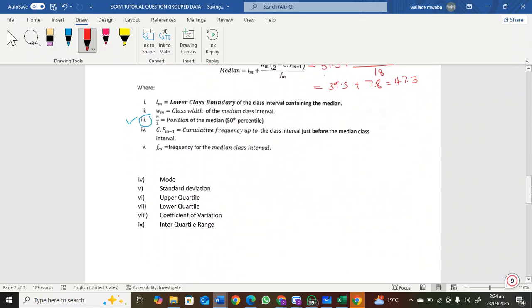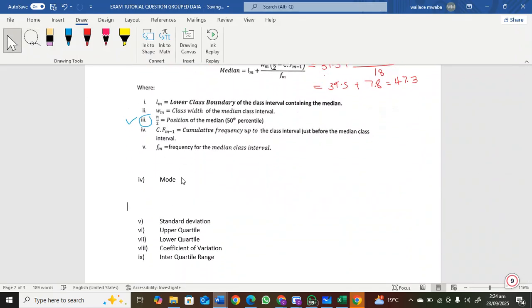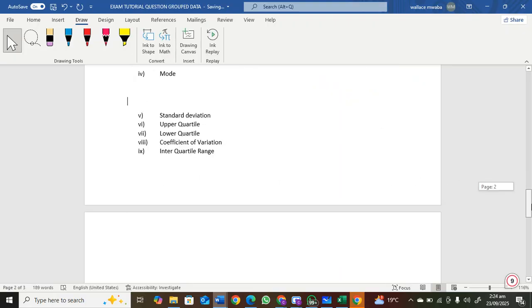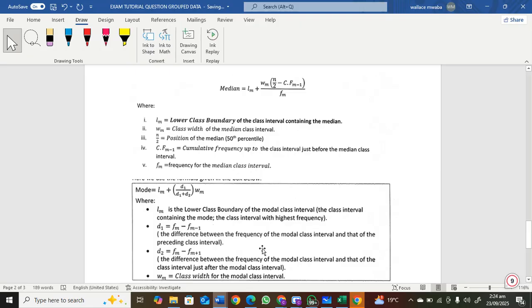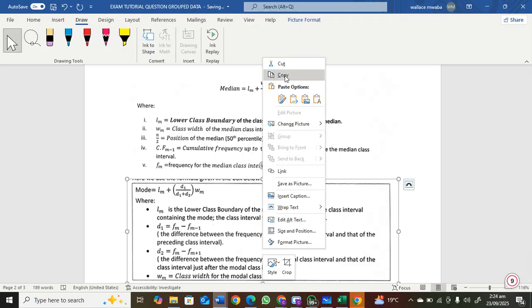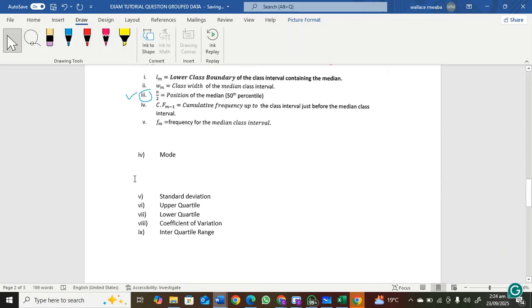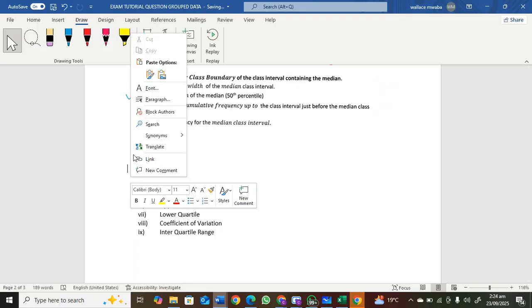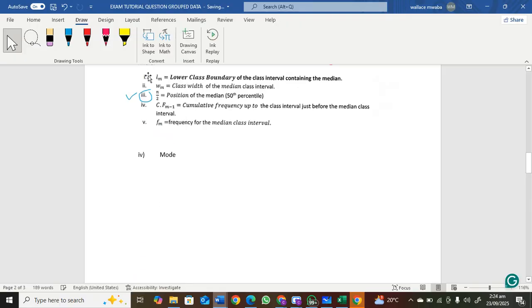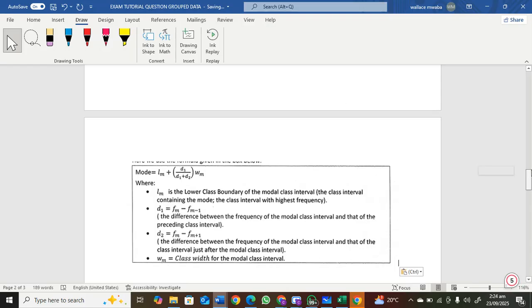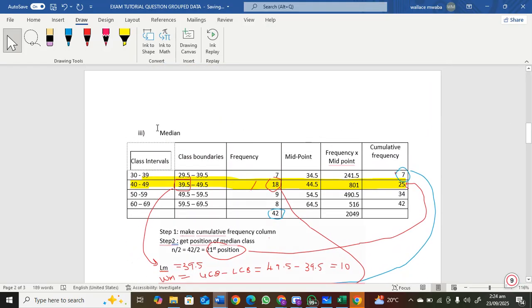Next, we need to calculate the mode. This is the formula here for the mode. We refer to our table here.